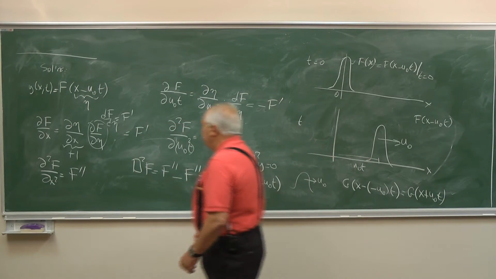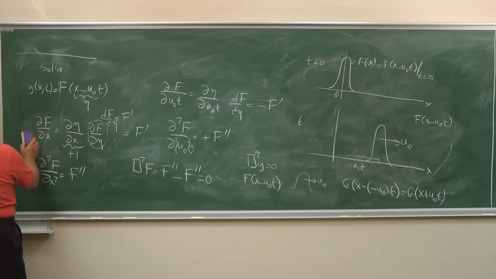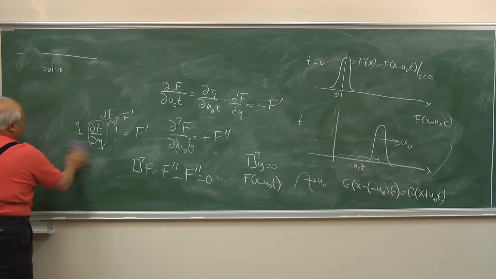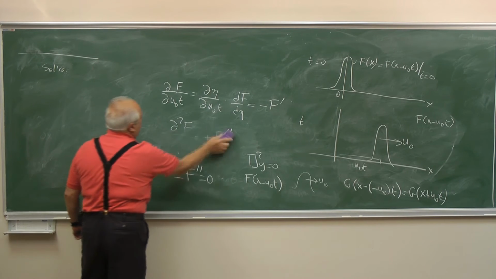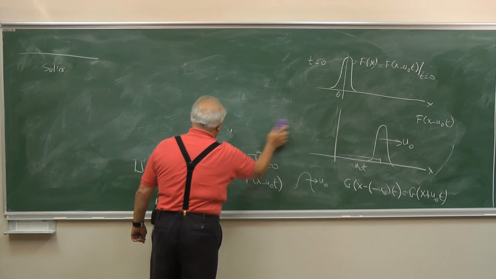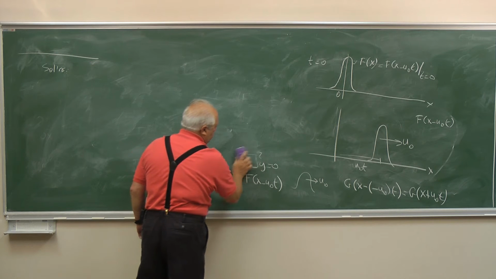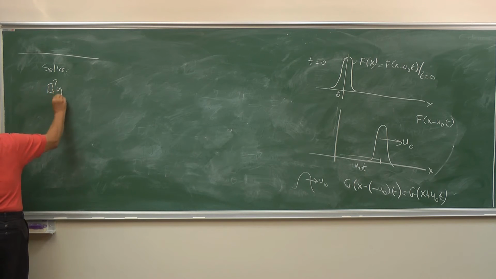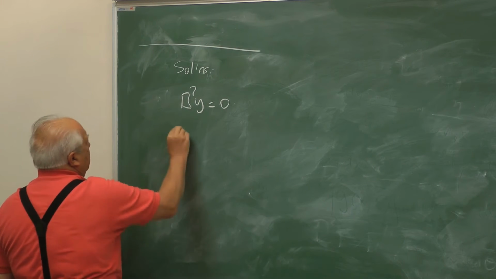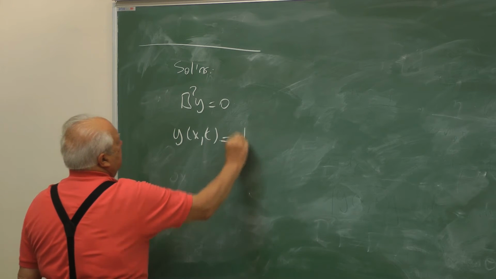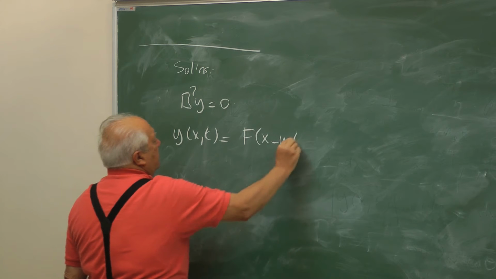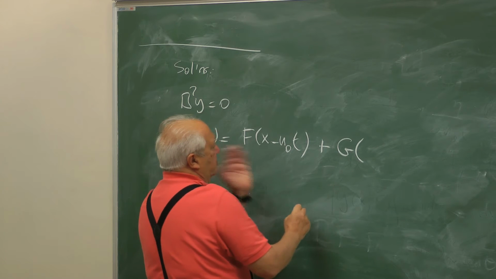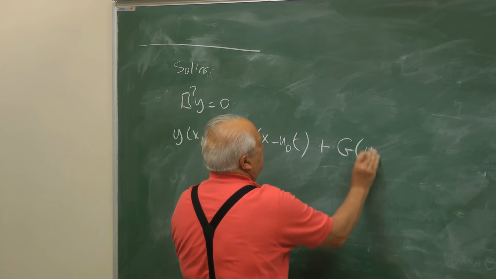So the general solution then, on the infinite string, y(x,t) can be written as a sum of two disturbances, one going to the right, the other one going to the left.